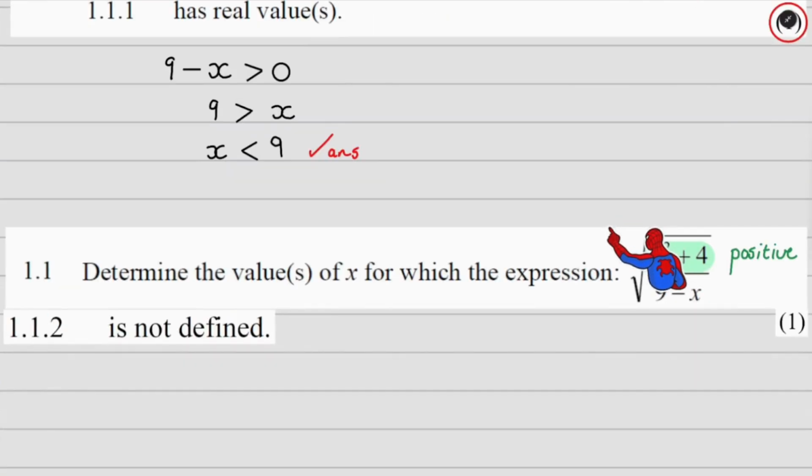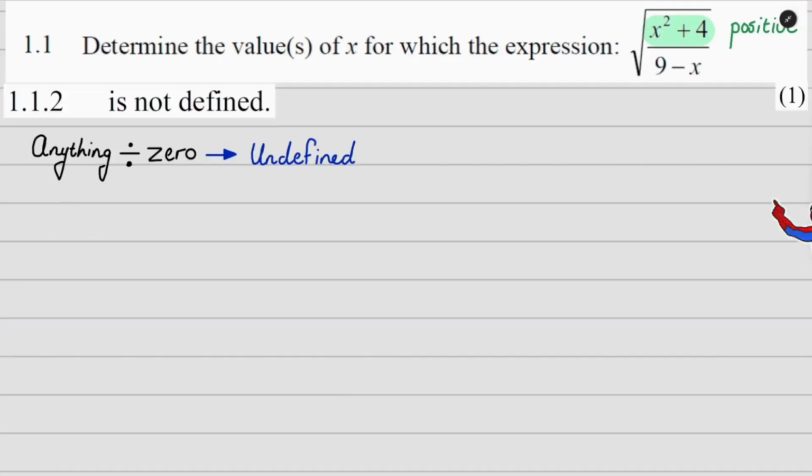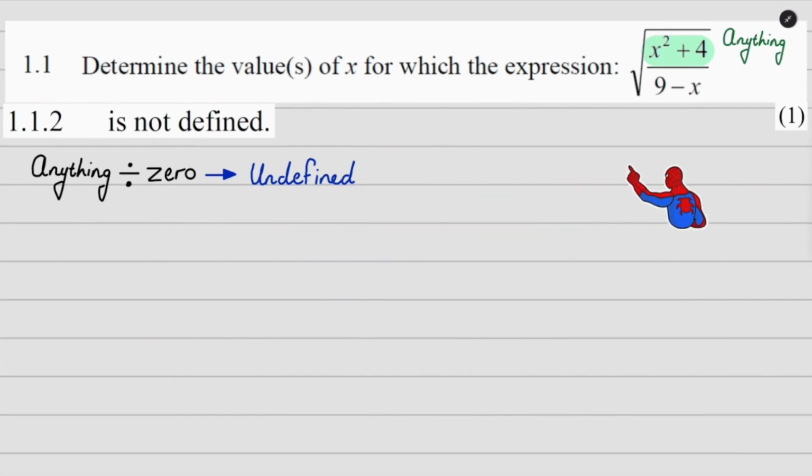Right, moving on to 1.1.2. They ask where it is not defined. That's a fancy way of saying where is it undefined. And we briefly went over that in the previous question. So anything divided by 0 is undefined. So to apply that logic to this question, the top can really be anything.